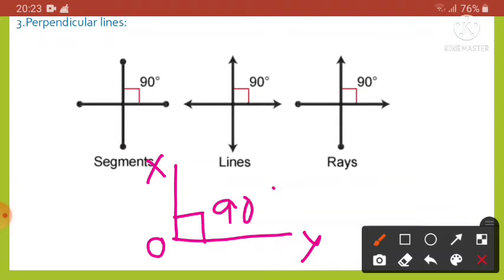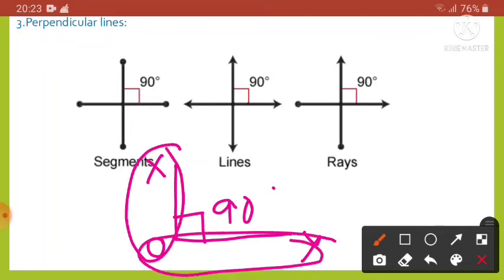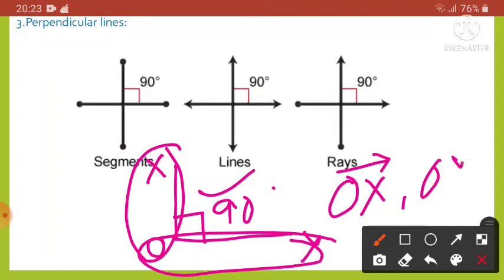So rays OX and OY meet at point O and form a 90-degree angle at point O. So OX and OY are perpendicular to each other, and if we represent it, as OX is perpendicular to OY, we write OX, then the perpendicular sign, then OY.